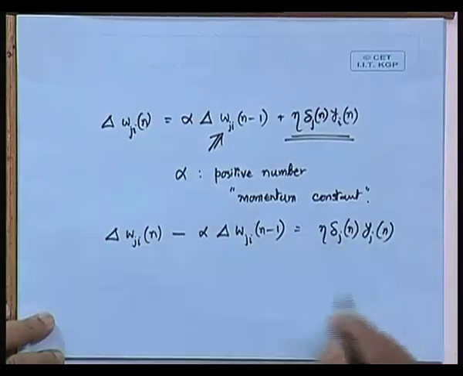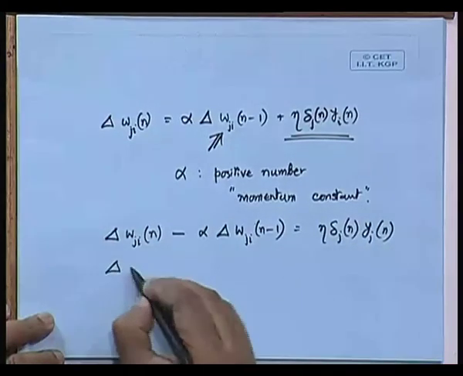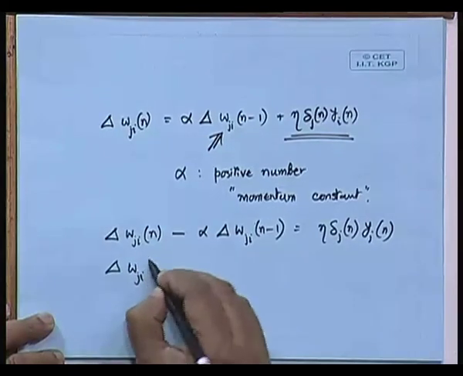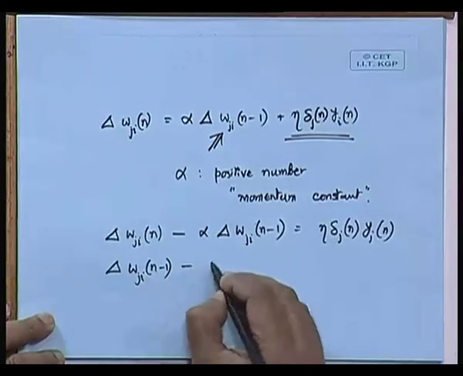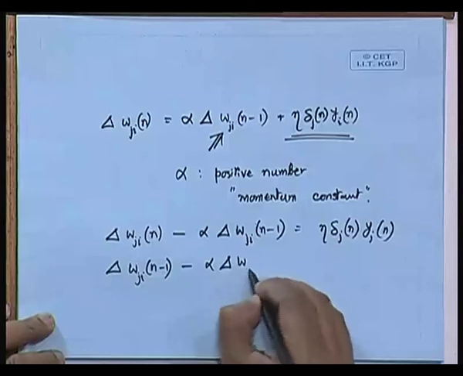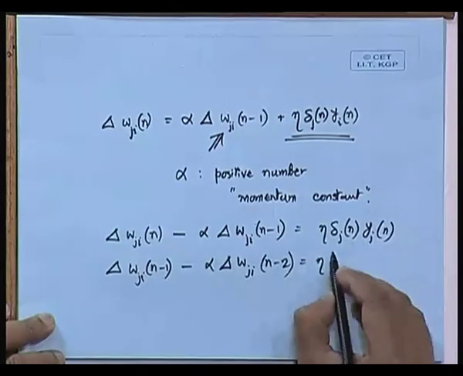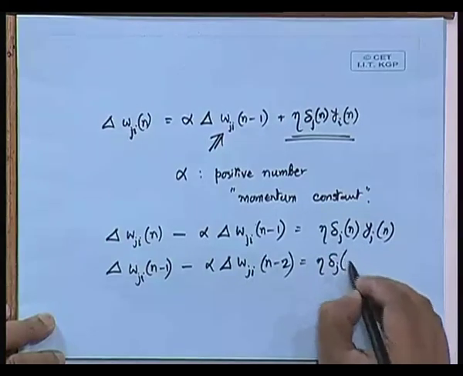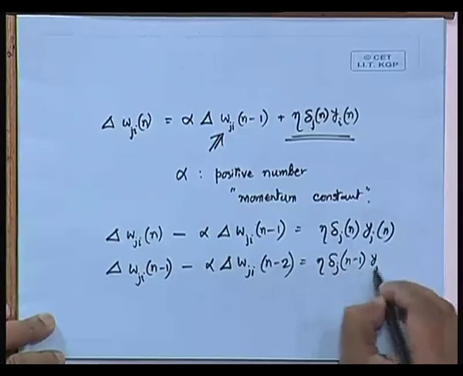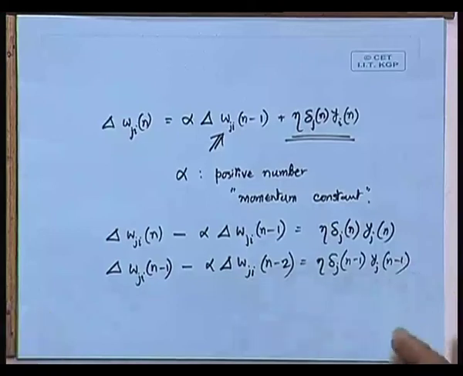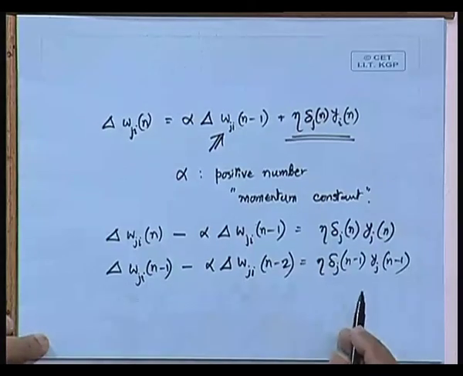Very similarly, we are going to have delta Wji(n minus 1) minus alpha times delta Wji(n minus 2) equal to eta times delta j(n minus 1) yj(n minus 1), isn't it? If we had written the same expression for the earlier iteration, the difference equation would have been like this.